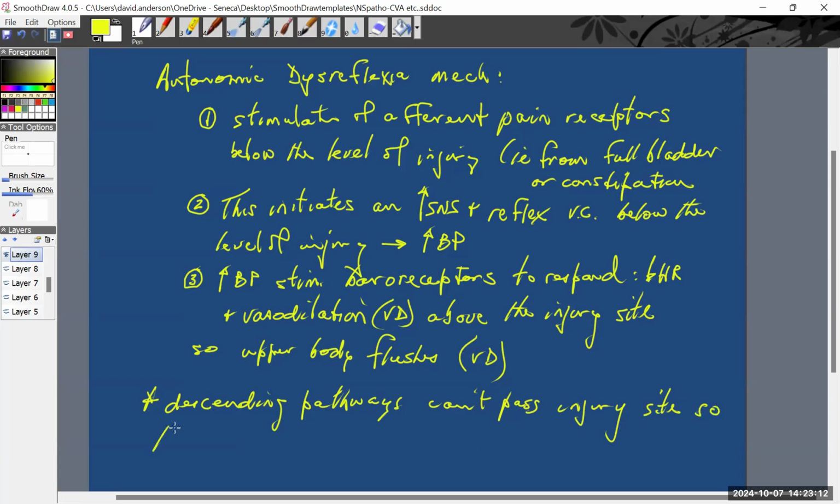So there's no inhibition of the sympathetic nervous system below the injury. No feedback. So in fact, the signal will continue, and this will become a vicious cycle, and eventually leads to such an imbalance that it's going to become life-threatening.